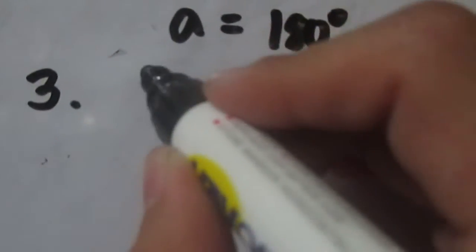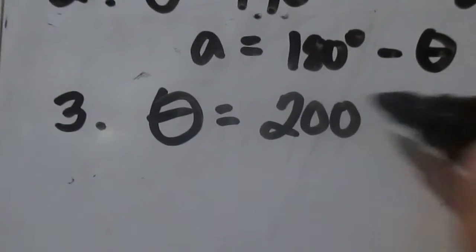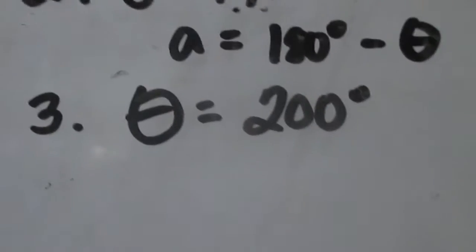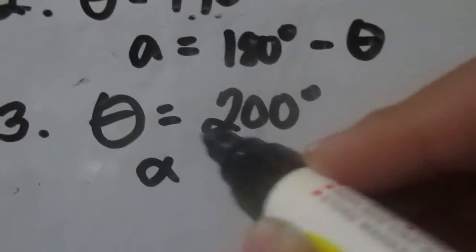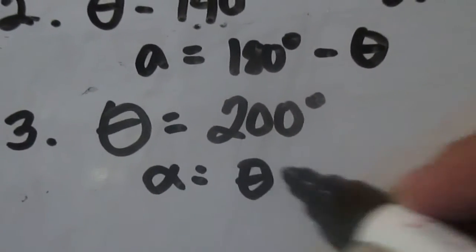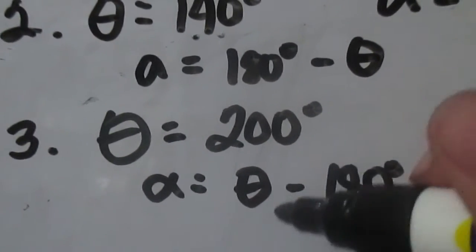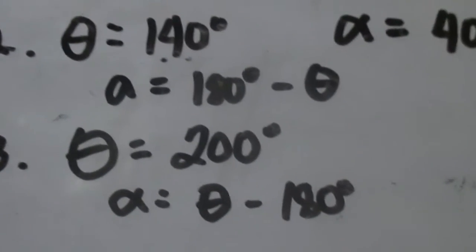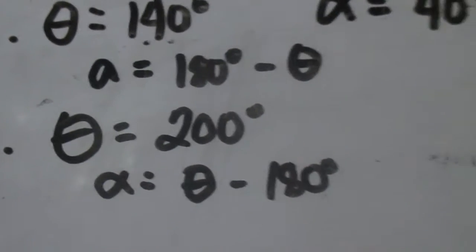Okay, next, number 3, we have theta equal to 200 degrees. In quadrant 3, we have the equation that the reference angle is equal to theta minus 180 degrees. If theta is equal to 200, then 200 minus 180 degrees is equal to what?